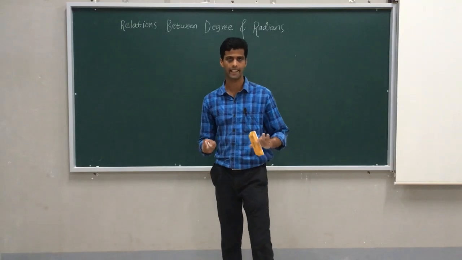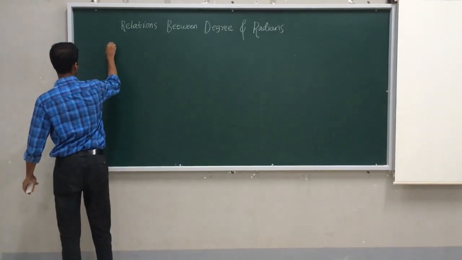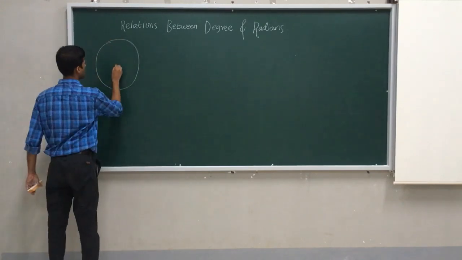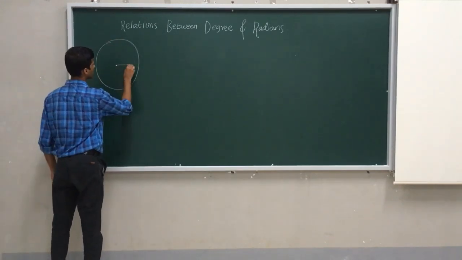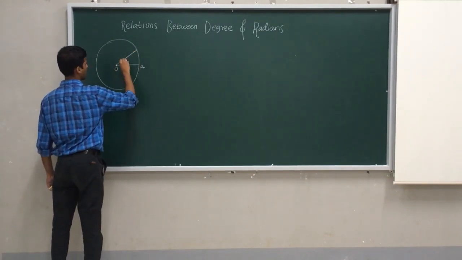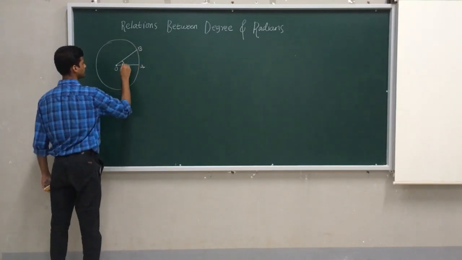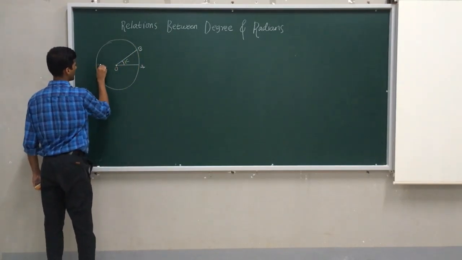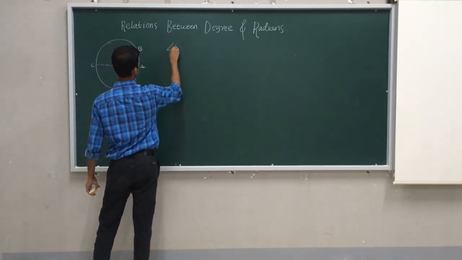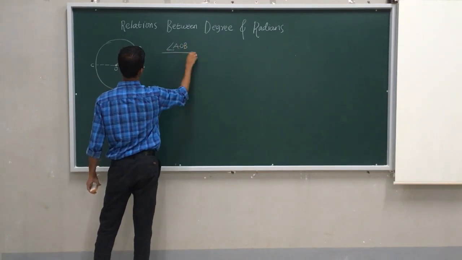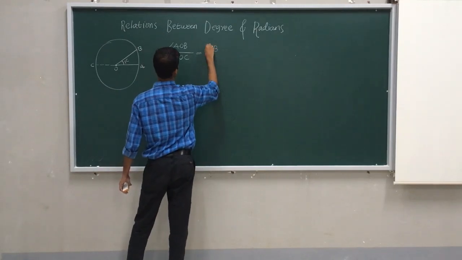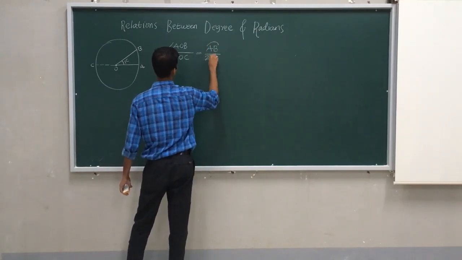So let me draw a diagram. I will consider a circle again with center O. I will extend here and take 1 radian. This is one radian, and I will extend this. I can write angle AOB over angle AOC is nothing but arc AB divided by arc AC, right?